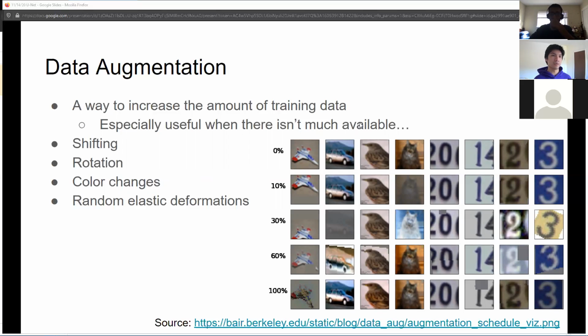Maybe it's really hard to get data for whatever problem you're trying to solve. An interesting way to get more data without actually having to go out in the world and collect more is to look at each image and apply some sort of transformation on it.